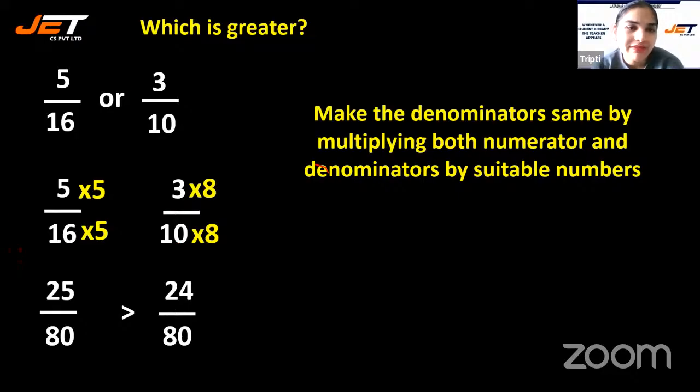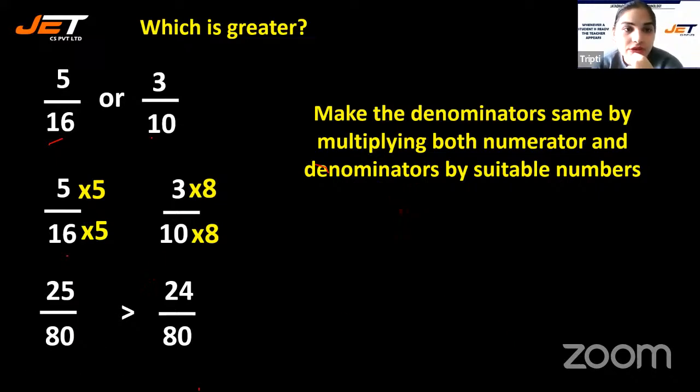Okay, so I can find the LCM and see which is the desired number with which I have to multiply. So here I found the LCM of 10 and 16. I found that the LCM is 80. So 16 times 5 is 80, 10 times 8 is 80.